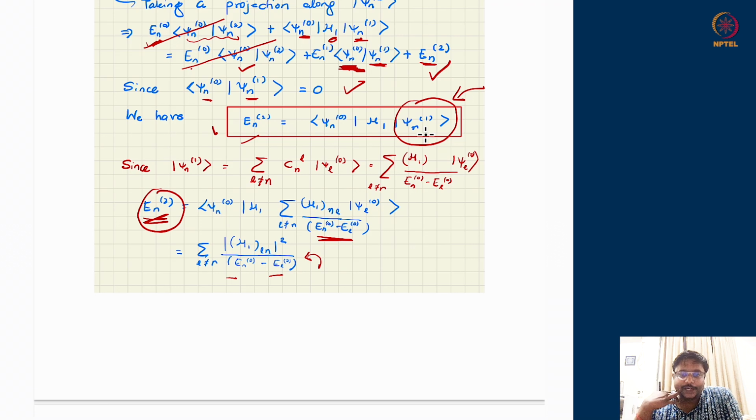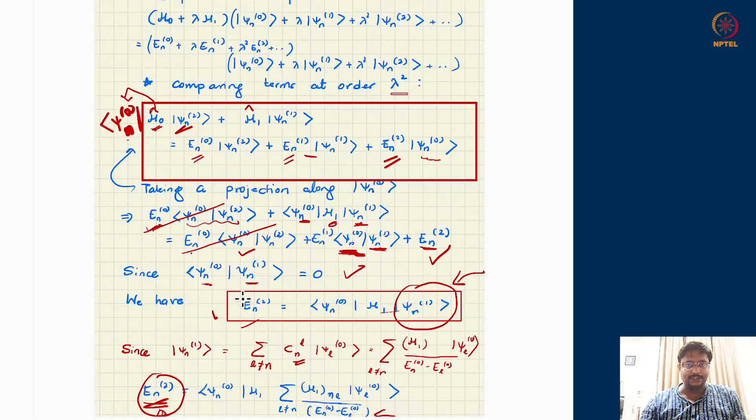And you can see if you try to build upon higher order corrections, it will keep appearing here and there. In Cnl, this denominator came. In En2, the denominator comes. In En3, En4, psi n2, all these things, this factor will come in the denominator. So setting up this is just algebraic steps.